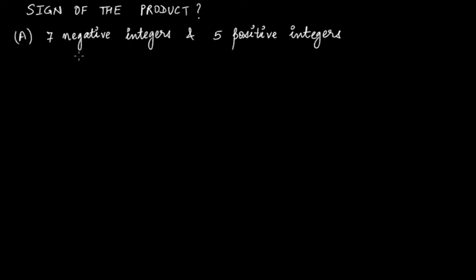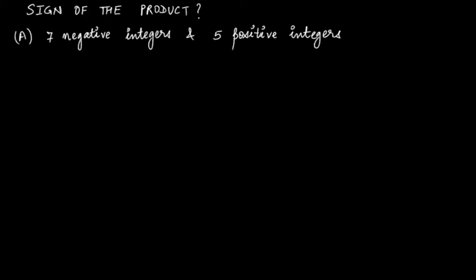So in this case, you have 7 negative integers and 5 positive integers. Since negative integers are involved, positive integers will do nothing to decide the sign of the product. What will decide is the number of negative integers.